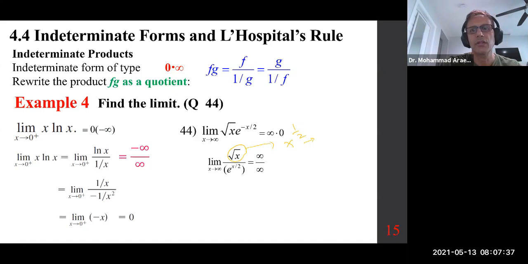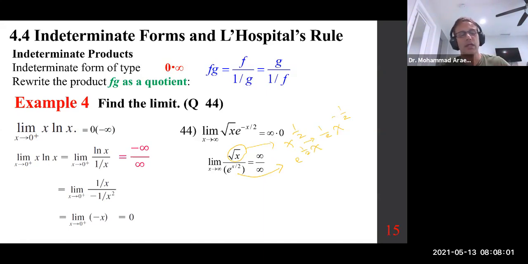You can differentiate this by writing 1/2 x to the power of 1/2 minus 1, or negative 1/2, which becomes 1 over 2 square root of x. For e to the power of x over 2, maybe just to be on the safe side, we write this as e to the power of 1/2 x.